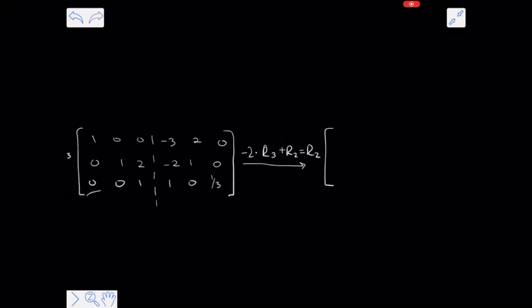So 0 times -2 is 0. 0 plus 0 is 0. -2 times that 0 is 0. 0 plus 1 is 1. And then -2 times 1 is -2. And then -2 plus 2 is 0. -2 times 1 is -2.